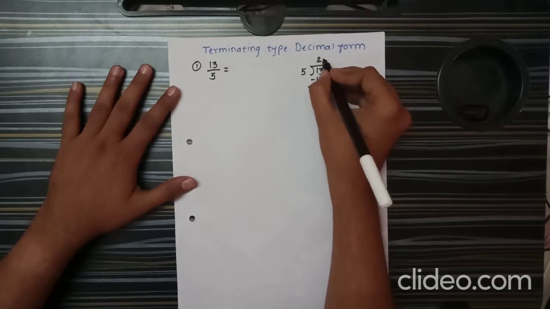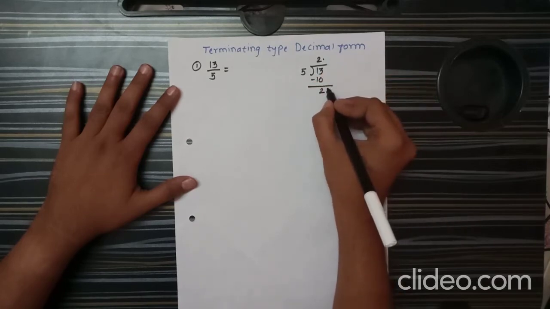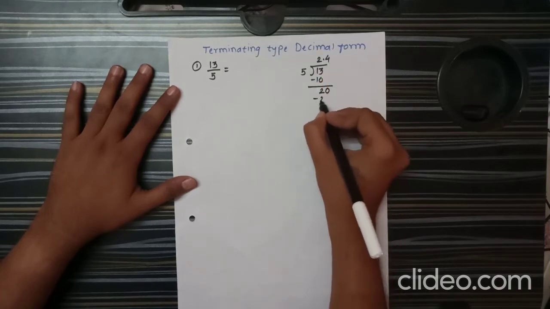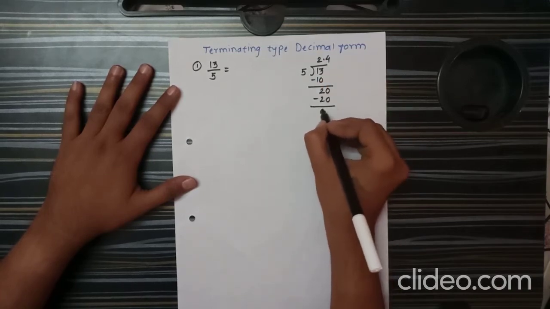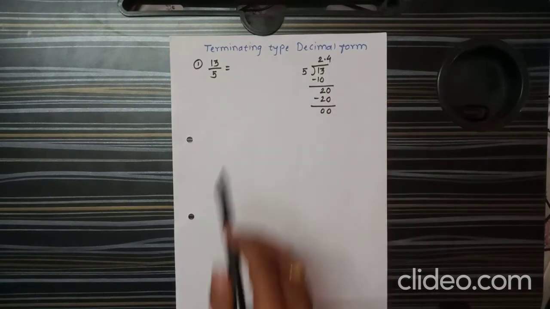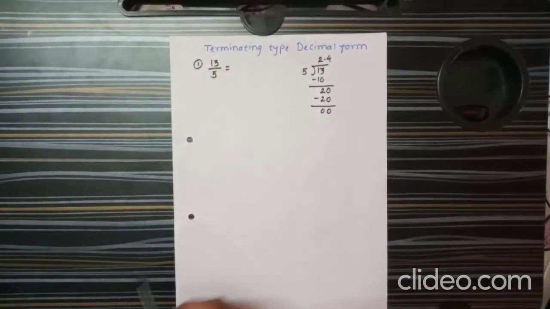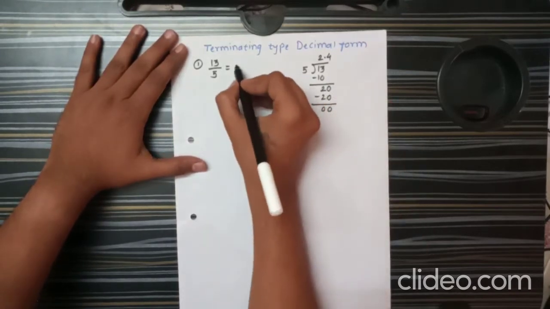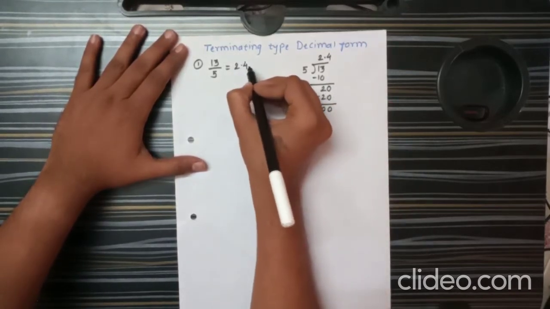We are going to put a point over here and we'll take 0, and 5 4s are 20. Here our remainder is 0. So this is the decimal form of this particular rational number, and in two iterations only we have obtained our decimal form.